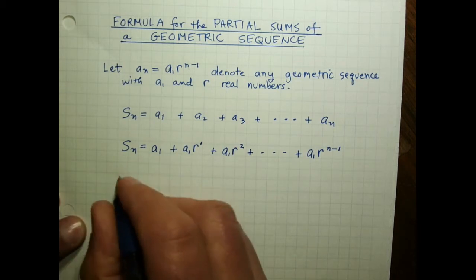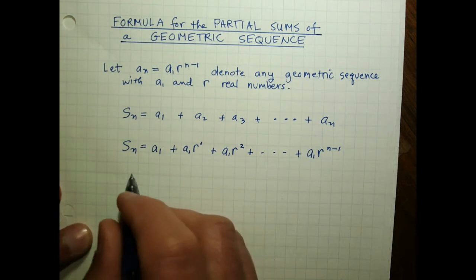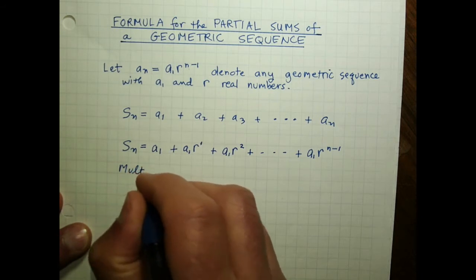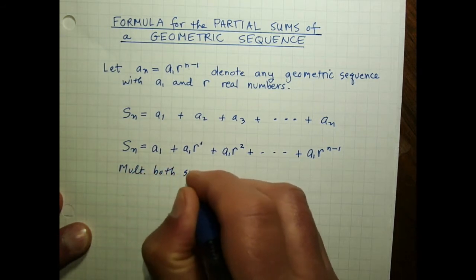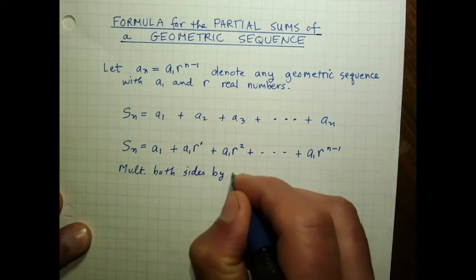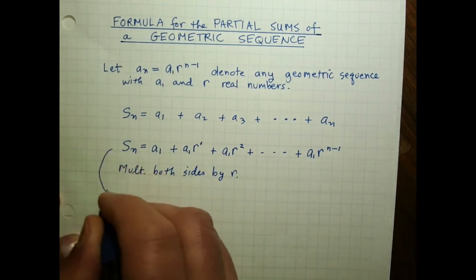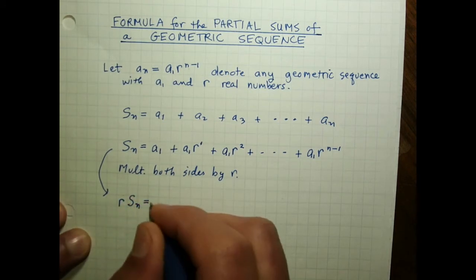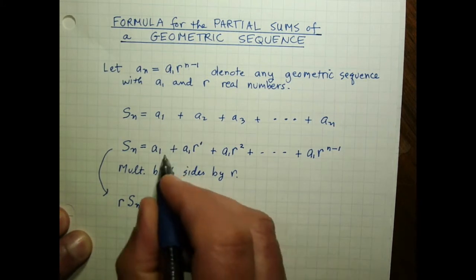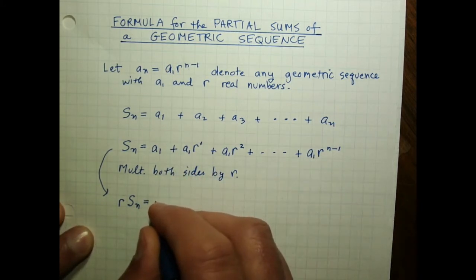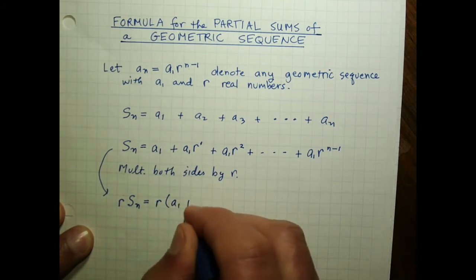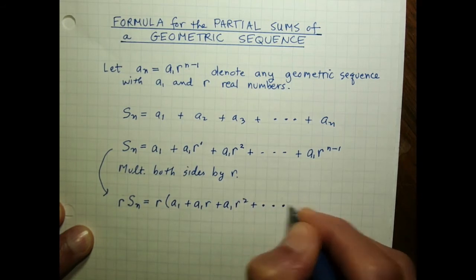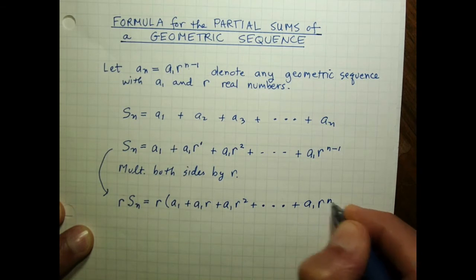Now, what I'm going to do is something a little bit different from what we did with the arithmetic. I'm going to multiply both sides by r. So I'm going to take this equation and take r times Sn. When I multiply all this by r, I'm going to have r times a1 plus a1r plus a1r squared plus dot dot dot plus a1r to the n minus 1.